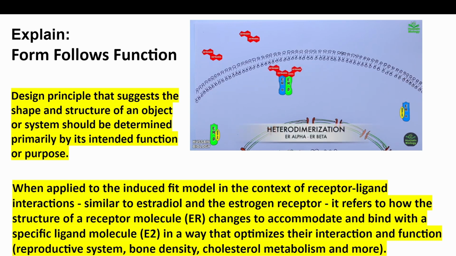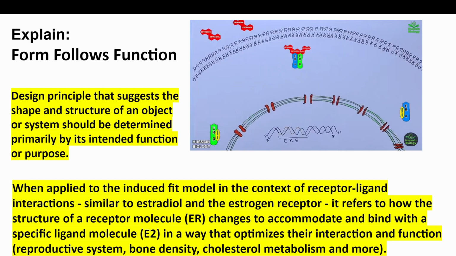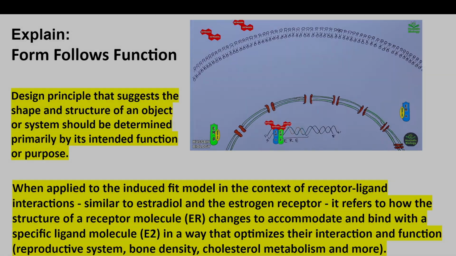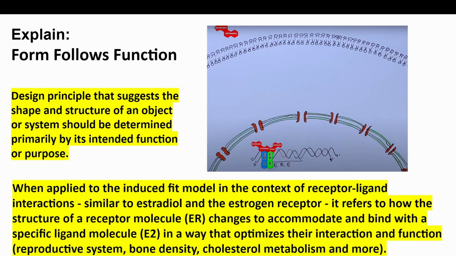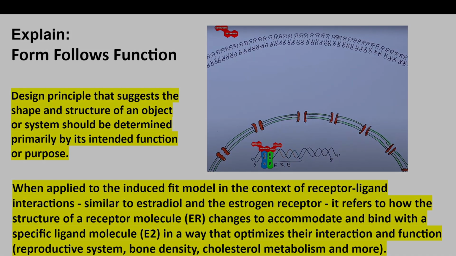According to the induced fit model, the entire complex can then travel into the nucleus and bind to the estrogen receptor element. So upon binding of this complex to the ERE, it will affect the transcription of genes involved in the reproductive system, involved in bone density, involved in cholesterol metabolism, and more.